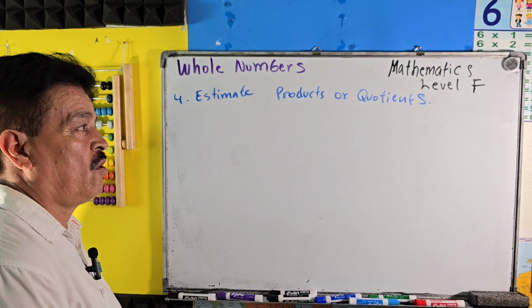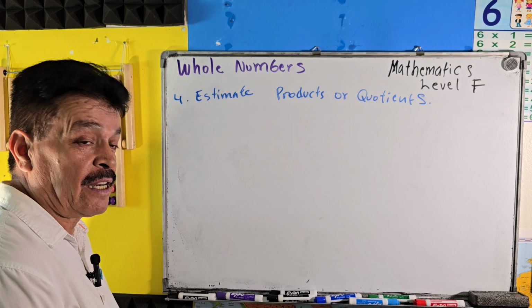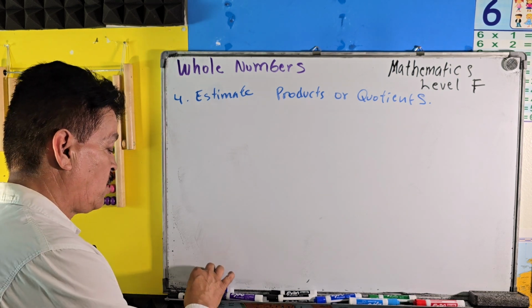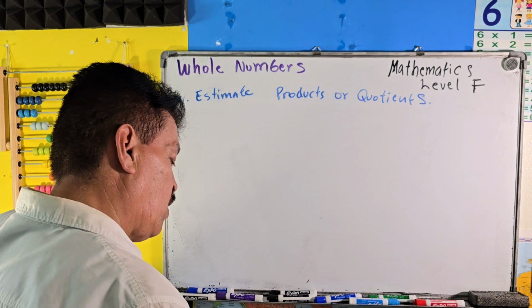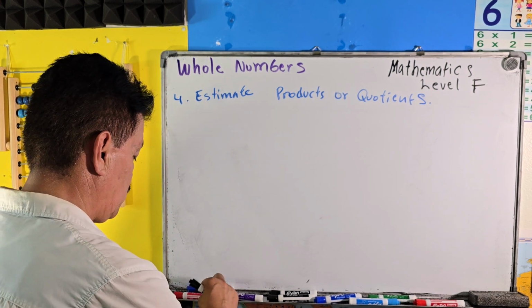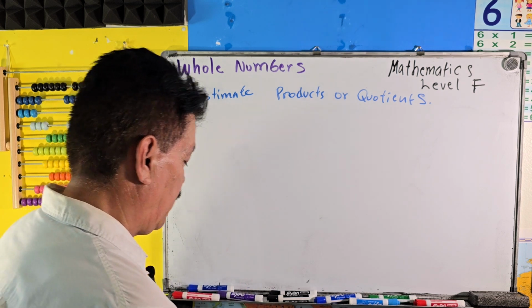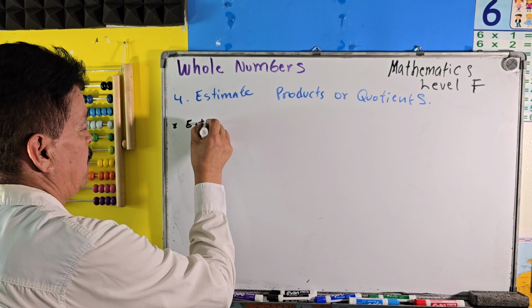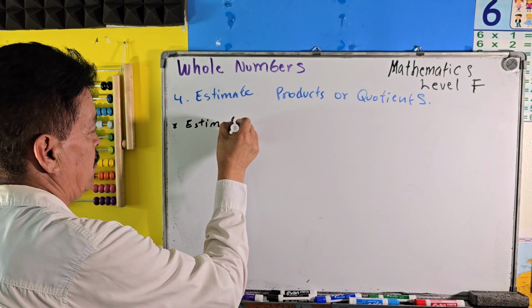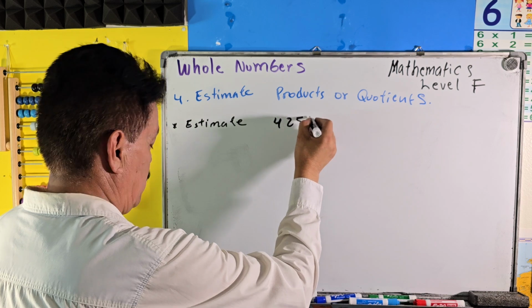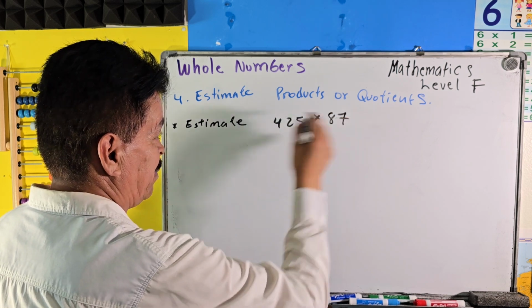Estimating products or quotients. We already learned how to estimate subtraction and addition, right? For instance, in this case, let's estimate 425 times 87.